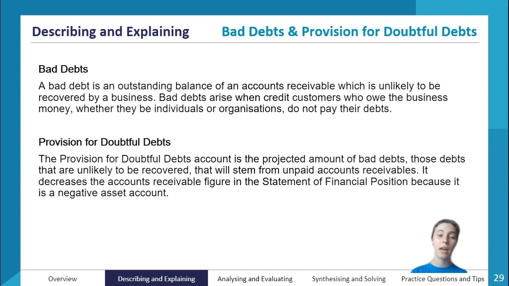So a bad debt is an outstanding balance of an accounts receivable, which is unlikely to be recovered by a business. When you offer credit to customers, that means that they can pay using their credit line, so they don't have the cash to give you then and there.